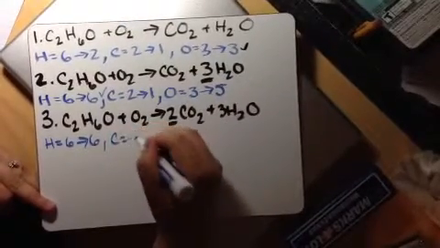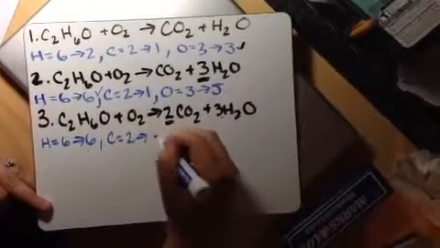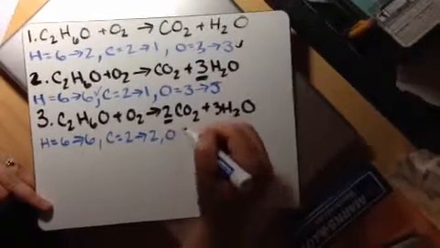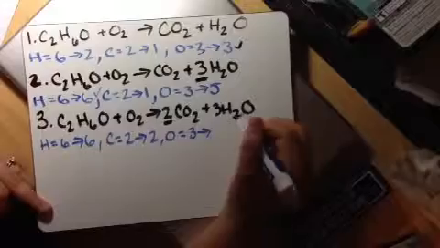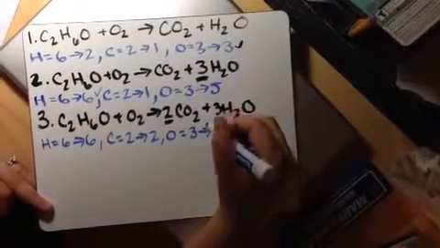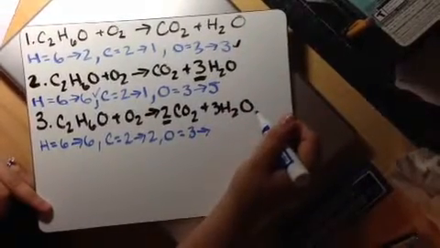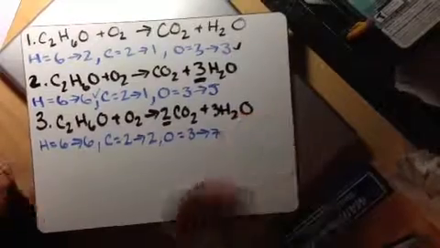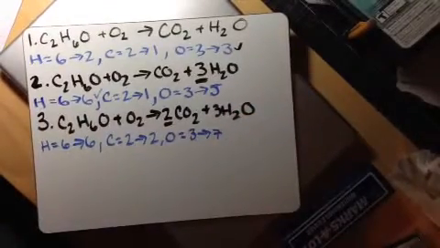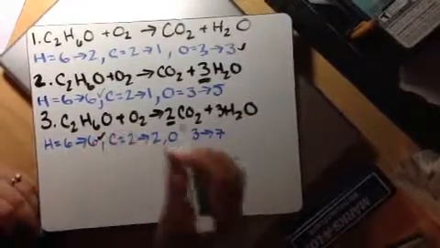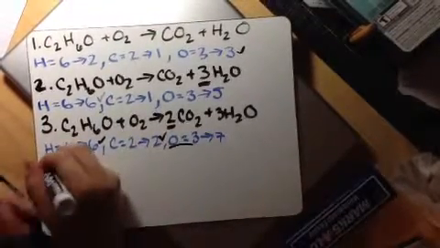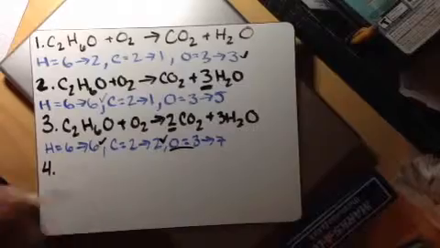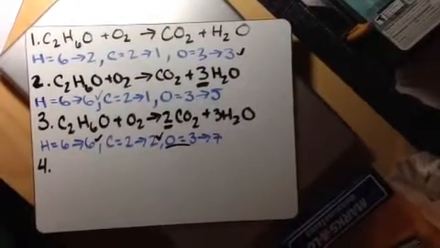For carbon we have 2 going to 2. For oxygen we have 3 going into 4 plus 3 is 7. Now we're going to fix the oxygen because both hydrogen and carbon are great, but we've got to fix the oxygen. So last step, fixing the oxygen.